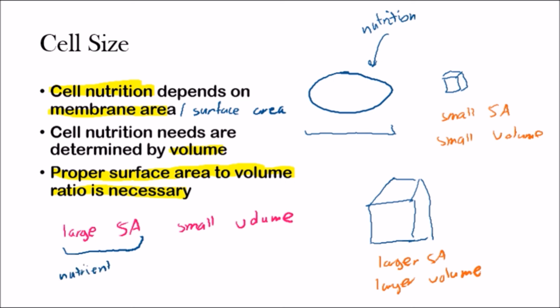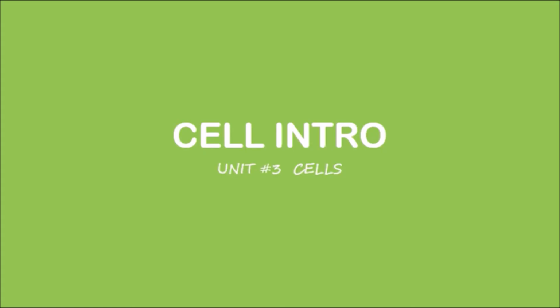Because if you have a large surface area, there's more area for nutrients to come in, but then you want to have a small volume, because if the cell gets too big, then it's going to have other issues in terms of mobility and things like that. Okay, so you can think of this perfect ratio between surface area and volume as where cells start to form.